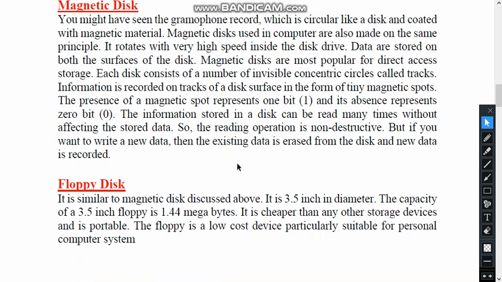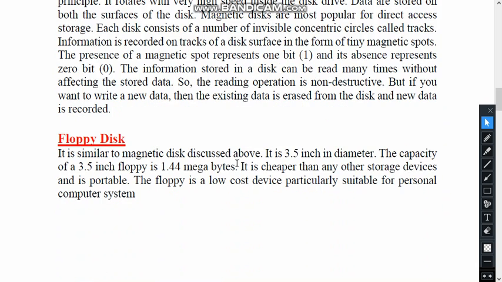Now let's see about the floppy disk. The floppy disk is similar to your magnetic disk. It is 3.5 inch in diameter. The capacity of a 3.5 inch floppy is 1.44 megabyte. If we compare the cost of the floppy disk, it is cheaper than the other storage devices and it is very portable.